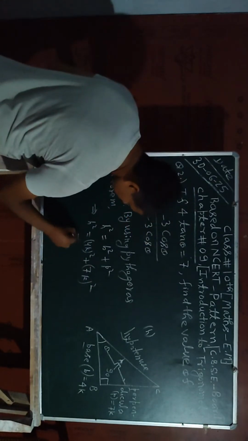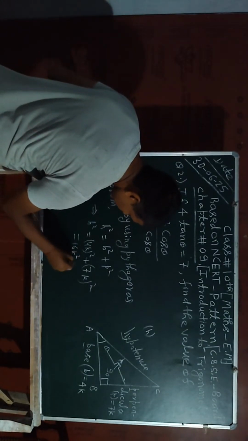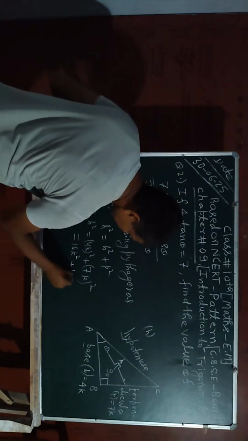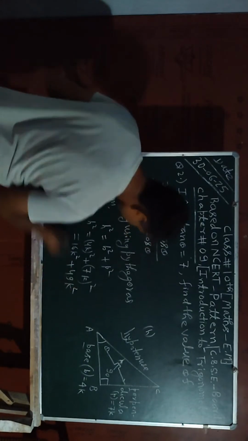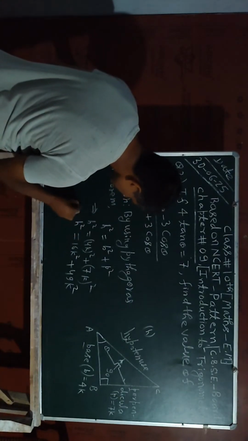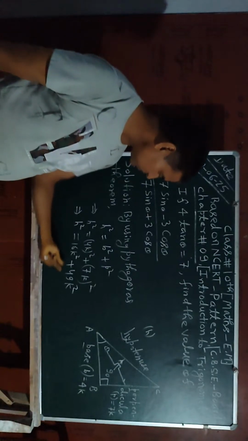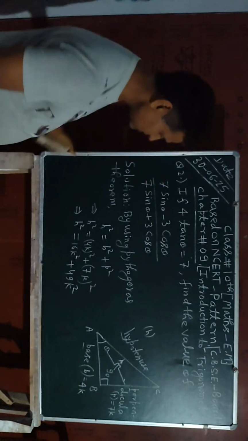Now again I will simplify it. 4k whole square is 16k square plus 49k square. So the value of h square is equal to 16k square plus 49k square. Again I will simplify it.